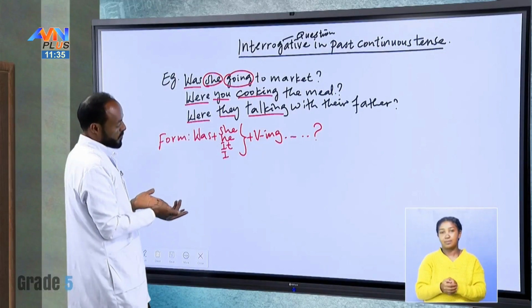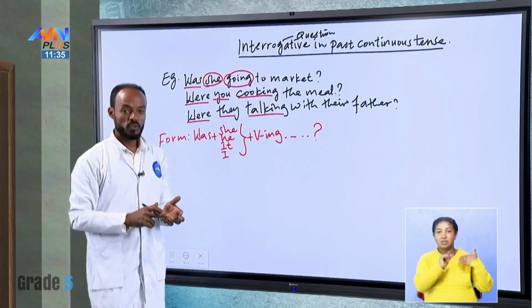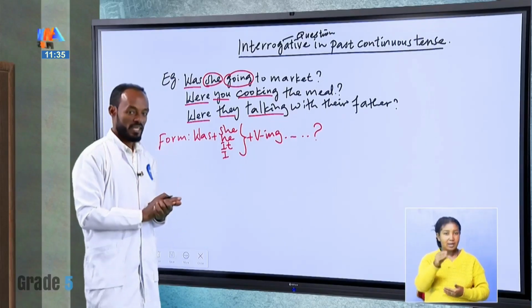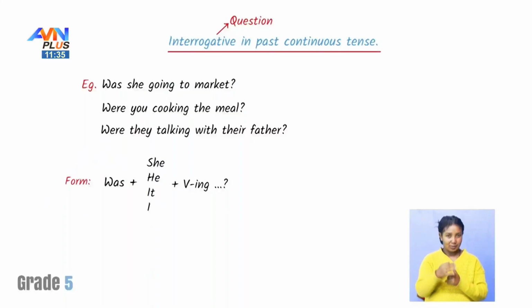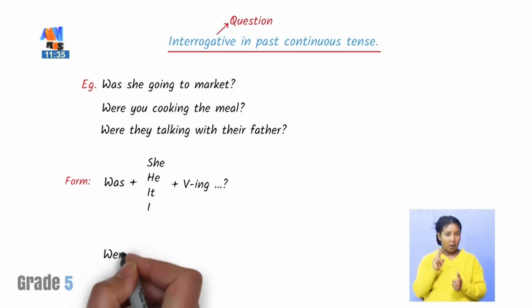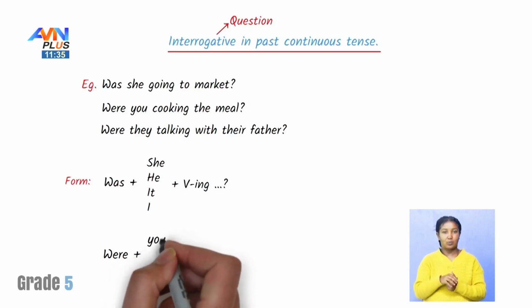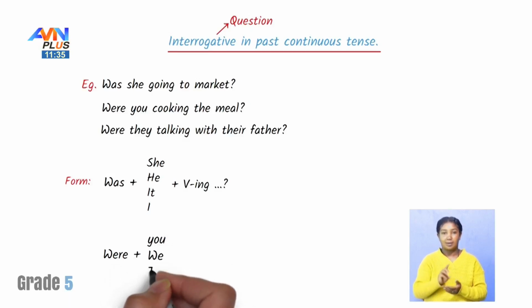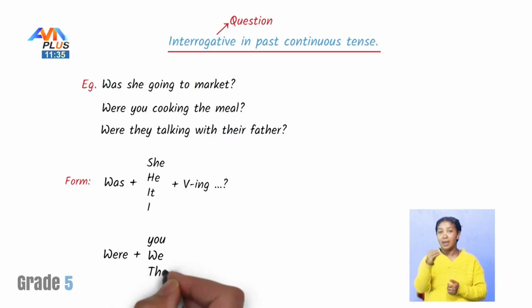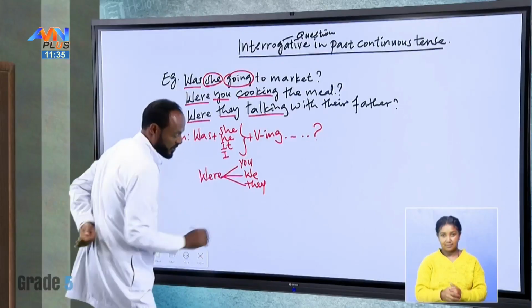Bravo. So what about if the subject is you, we, and they? Look, we have to say here, were, then, what? You, we, and they. Don't forget.